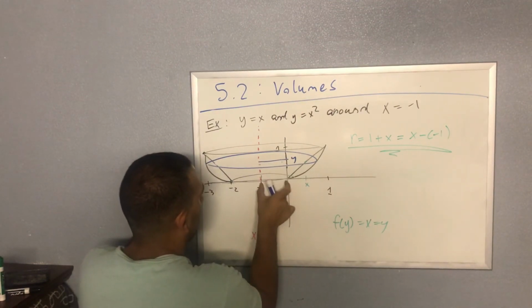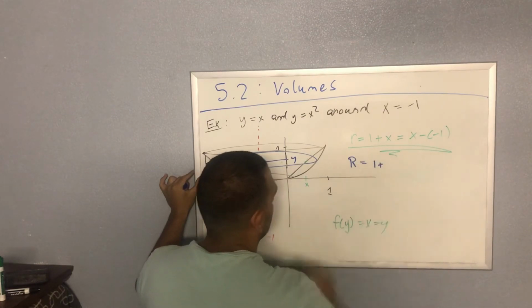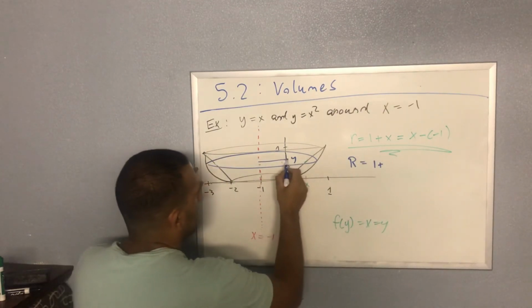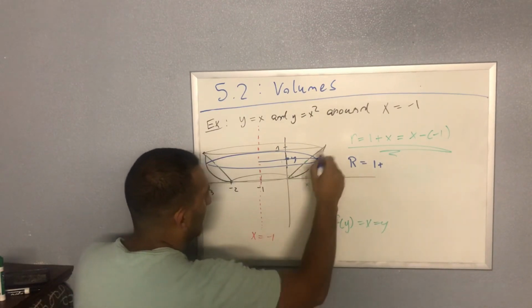It is 1. So capital R is 1 plus. Now what is this distance from here to here? Now we're on the parabola.